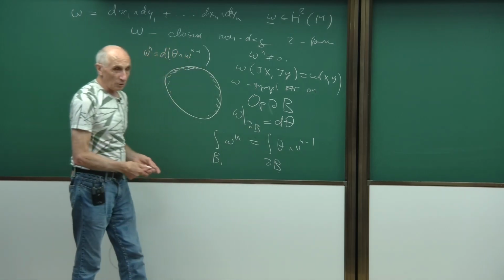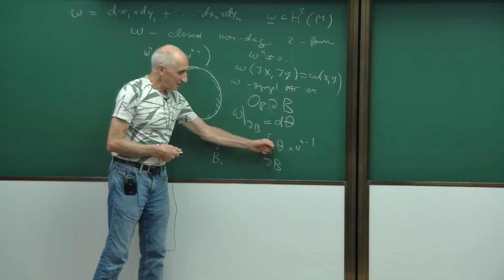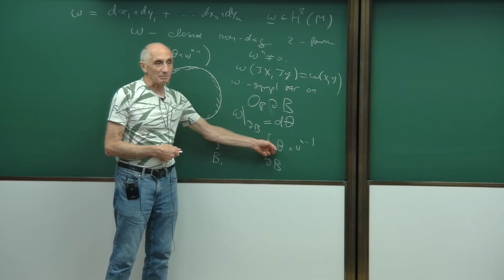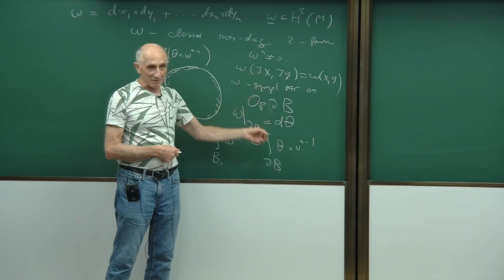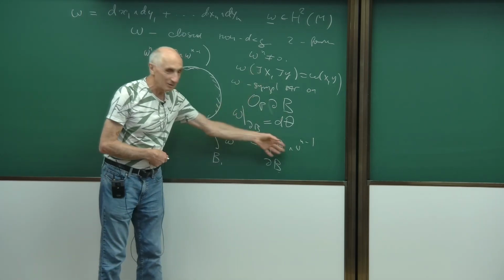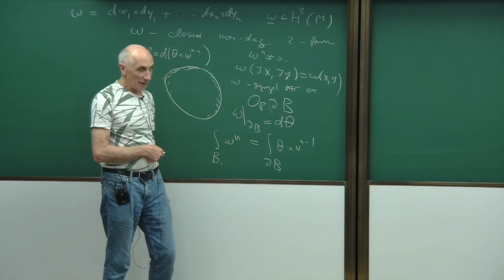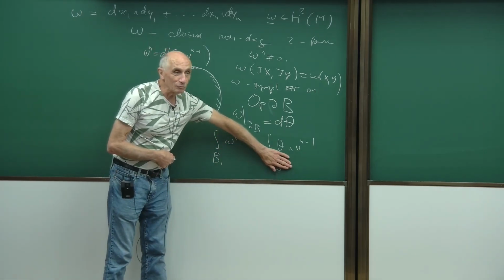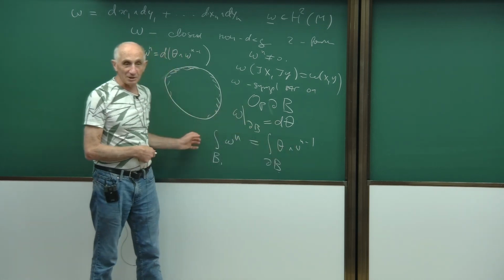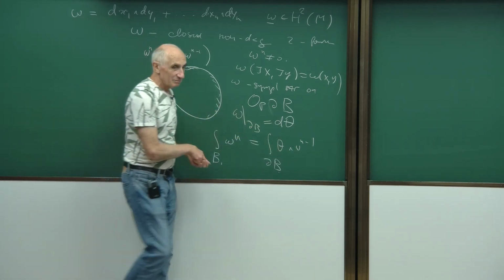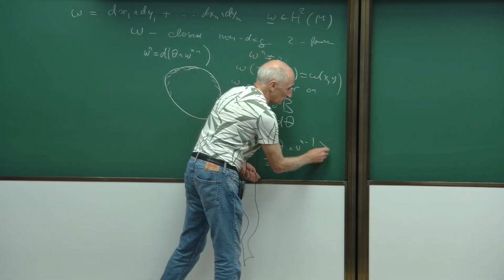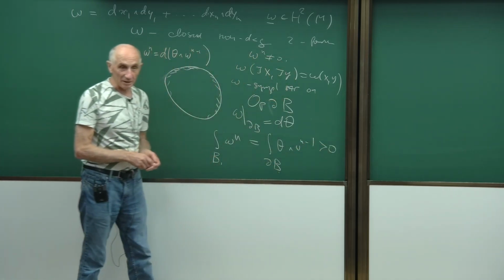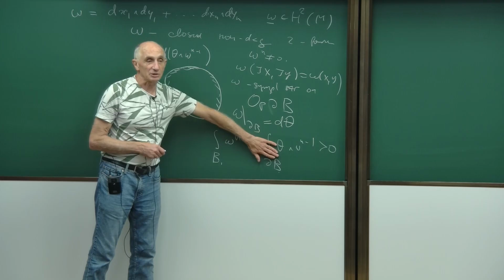If you change theta by any exact form, that integral will not change. So the form omega determines the volume of the extension, and clearly it has to be positive in order to extend. Therefore you have an obstruction for extension.